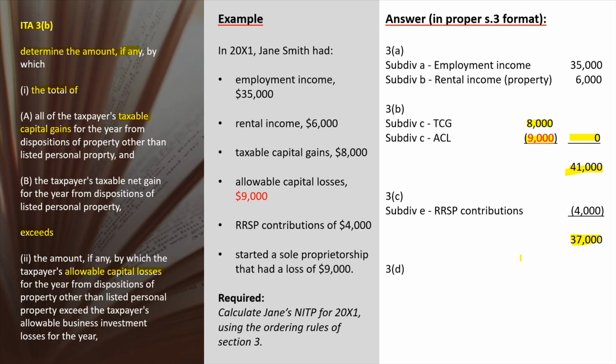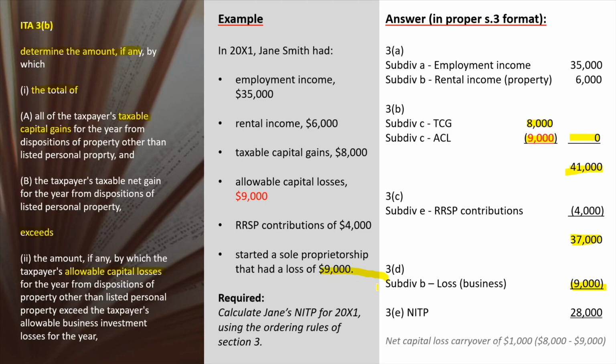Then in 3D, we can subtract any losses from employment, business, or other, and we have a $9,000 loss from the proprietorship. And so our final answer for 3E, NITP, is 28,000.